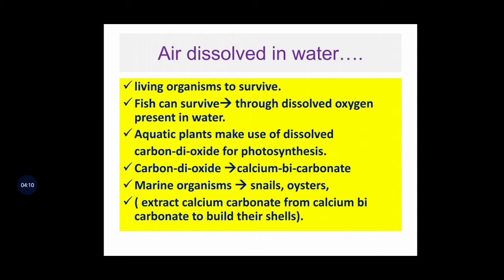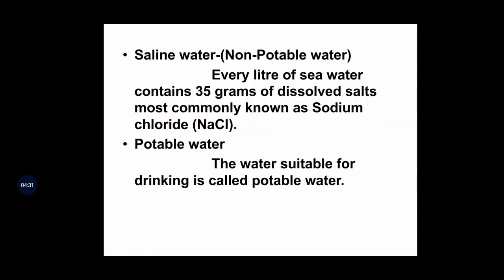So that the marine organisms like snails, oysters and all extract the calcium carbonate from calcium bicarbonate to build their shells. So these are some of the uses of dissolved air in water. Next, we are going to see what is potable water.